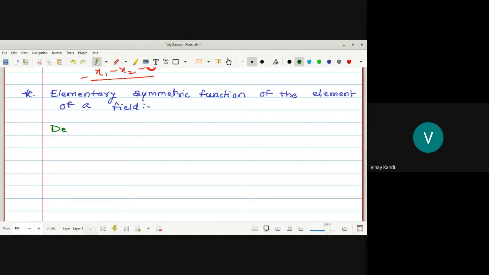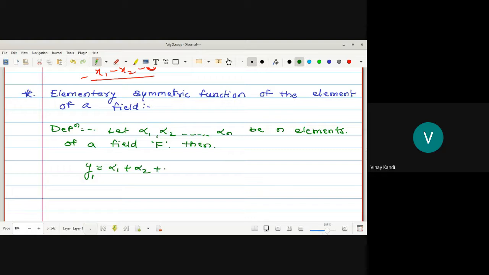Let alpha 1, alpha 2, up to alpha n be n elements of a field F, capital F. Then y1 is equal to alpha 1 plus alpha 2 plus up to alpha n, which is equal to summation i running from 1 to n of alpha i.